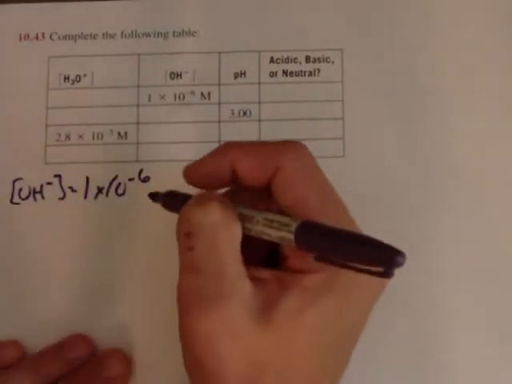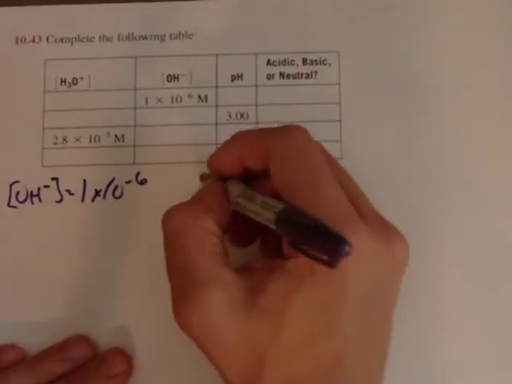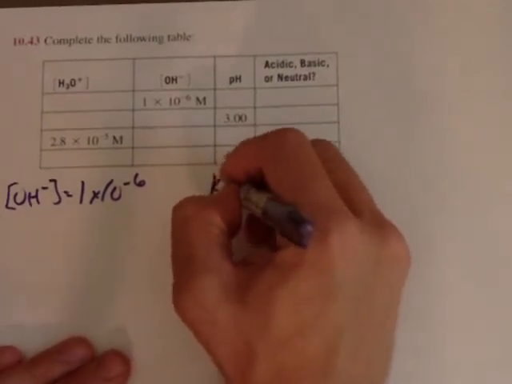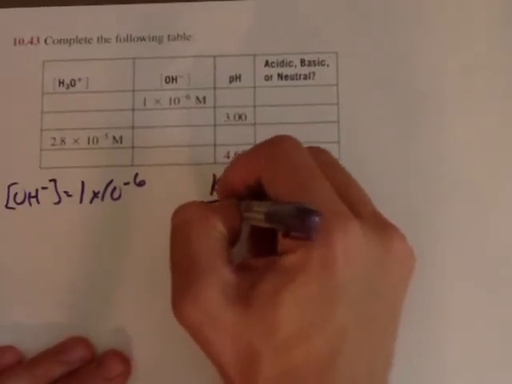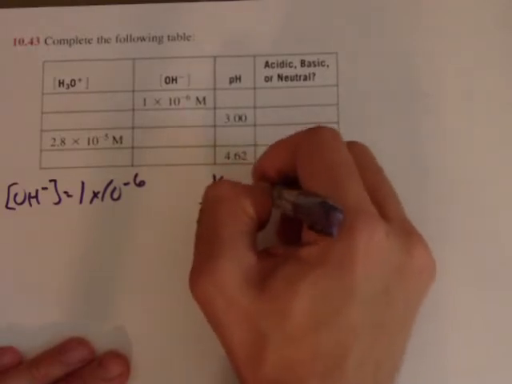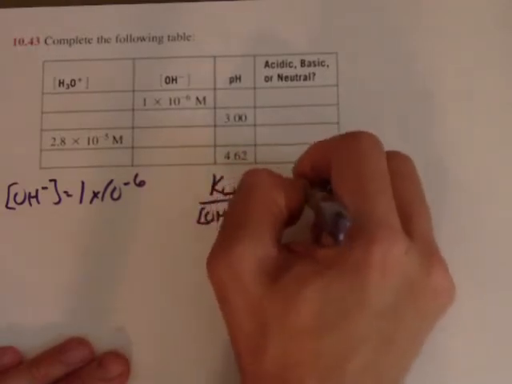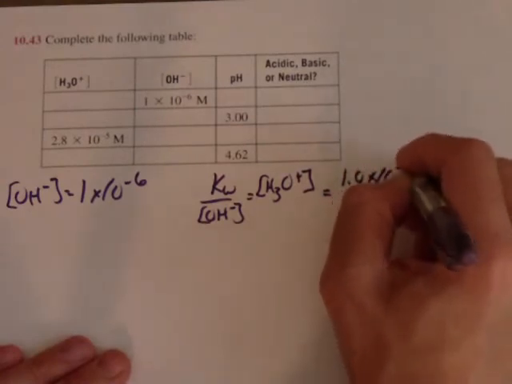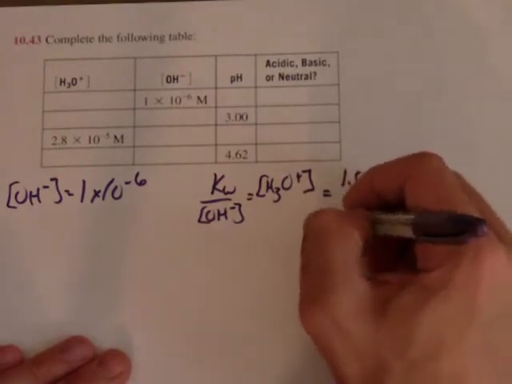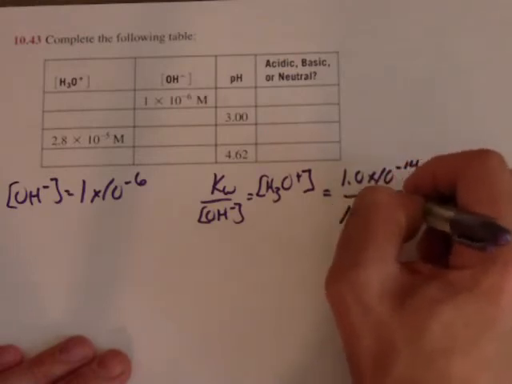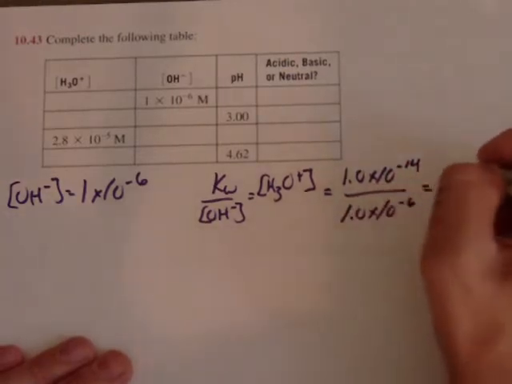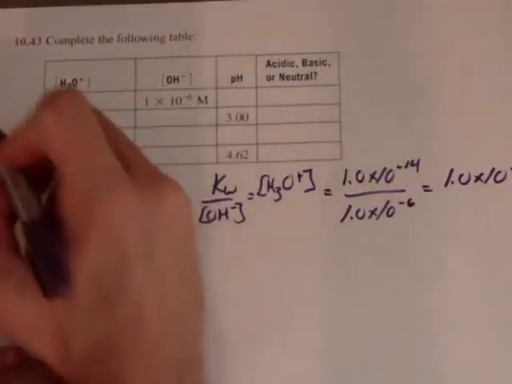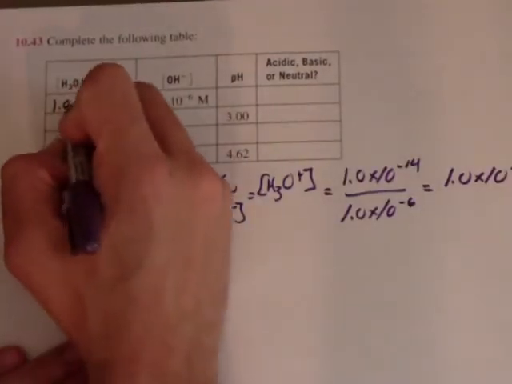So in order to go to H3O plus, remember that Kw over OH minus is equal to H3O plus. And so 1.0 times 10 to the minus 14 over 1.0 times 10 to the minus 6 gives us 1.0 times 10 to the minus 8. So we put that in our chart.